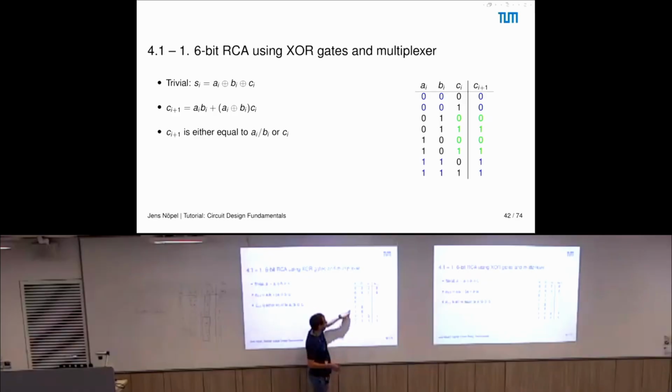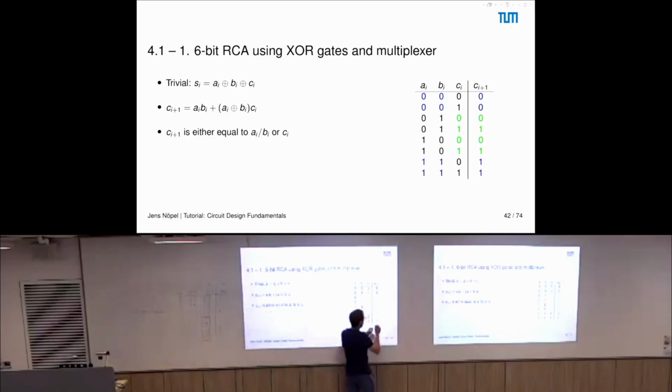So this exactly is this part here, where A XOR B is different. So if I then place A XOR B, I get 0, 0, 1, 1, 1, 1, 0, 0.